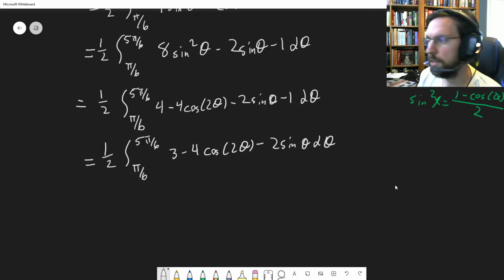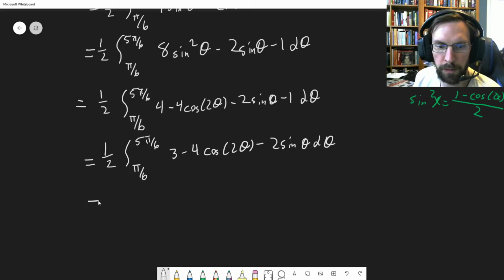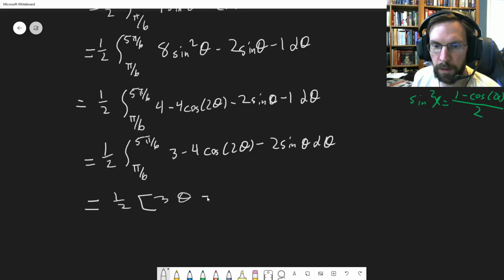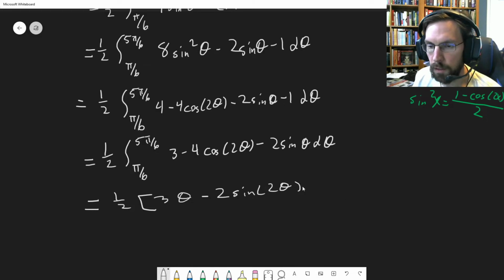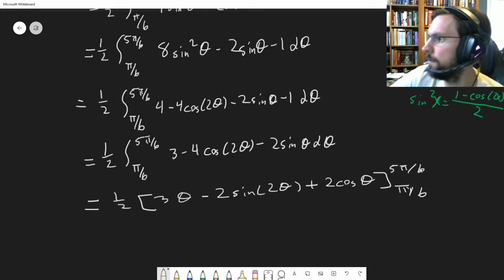Okay, now this is a basic antiderivative that we can take. So this is going to be 1/2 of 3 theta minus 2 sine 2 theta plus 2 cosine theta, evaluated at our endpoints, pi over 6 and 5 pi over 6.